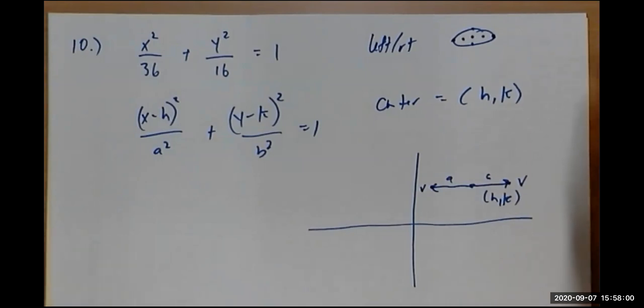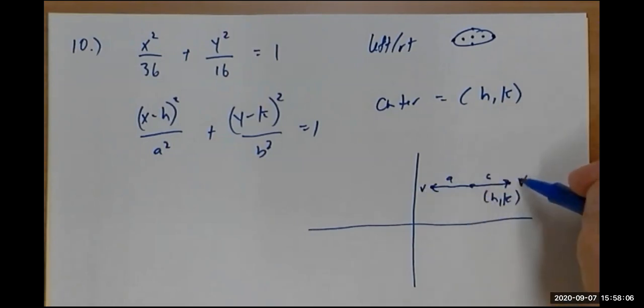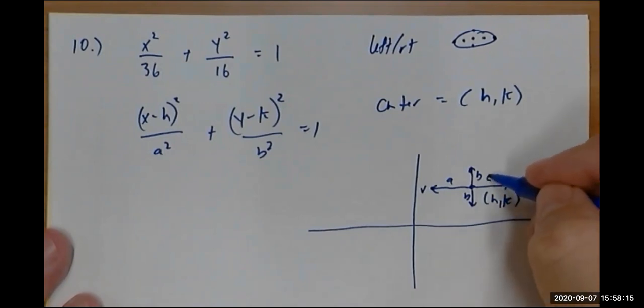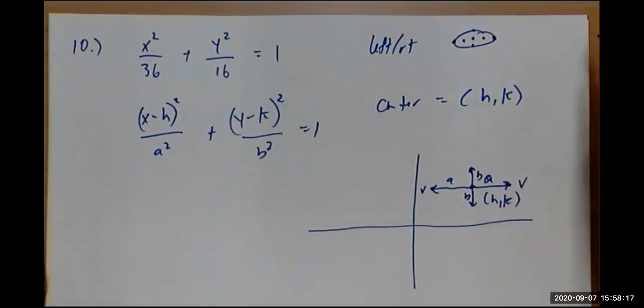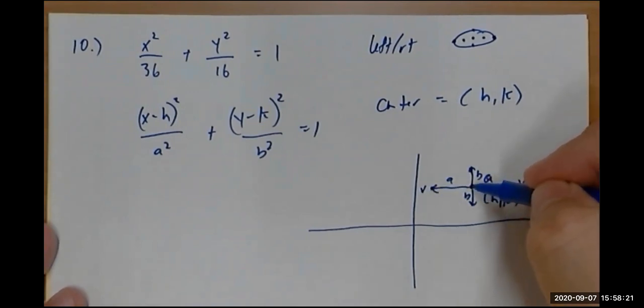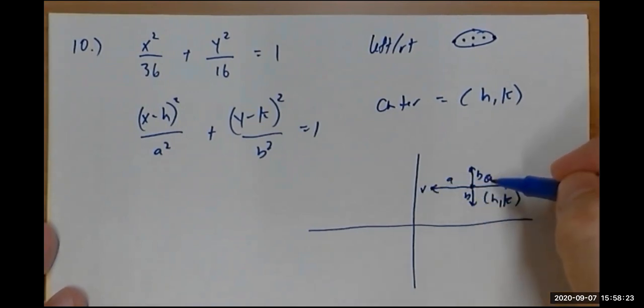There are 2 vertices. The plural of vertex is vertices. And then what I call the minor vertices, the distance is B. So to figure out the vertex, you have to know the center and you have to know the value of A.